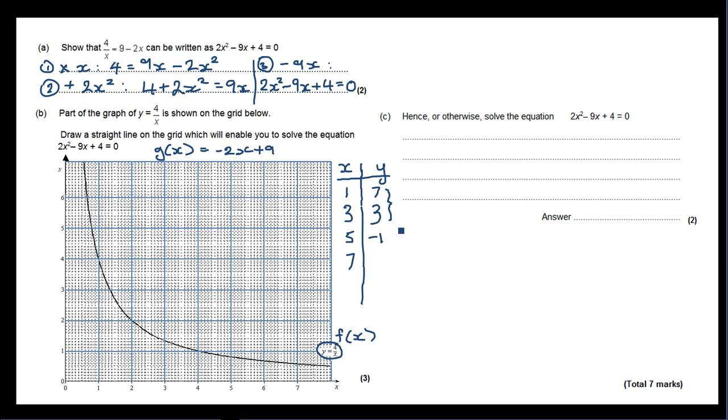And just a quick check here of our common difference, because we know it's a linear sequence, so what we've got here is an arithmetic sequence. We know it's a linear function, but when we're doing this table of values, we're going to get a sequence as long as those values are regularly spaced. So between 7 and 3, we've got a common difference of 4, and so we should expect a common difference of 4 between 3 and minus 1, and indeed that's what we get.